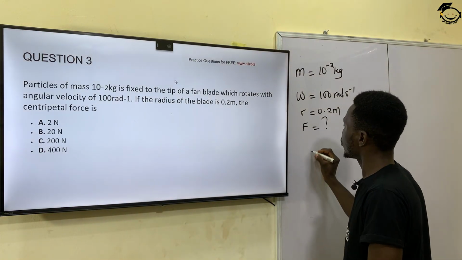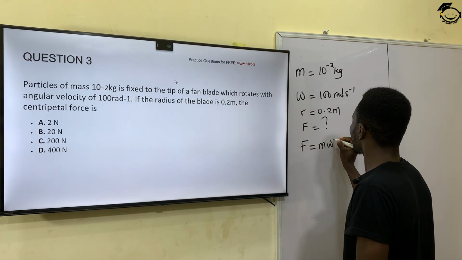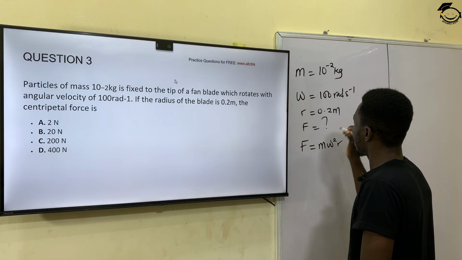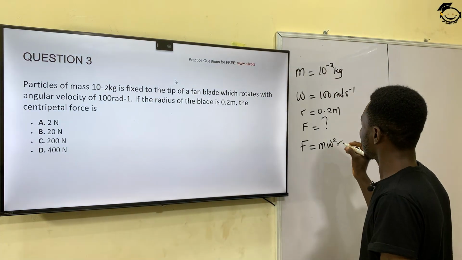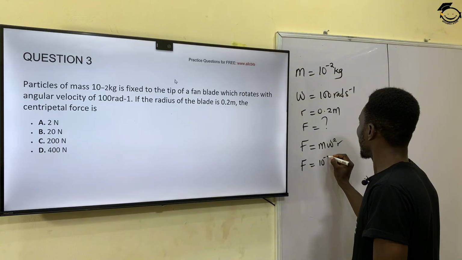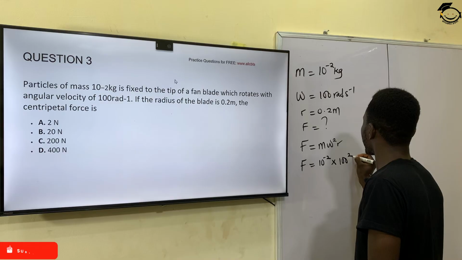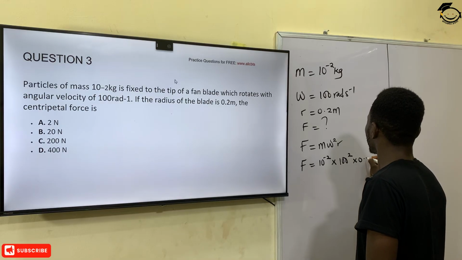We do not know, and we know that centripetal force is given as m omega square r. So my centripetal force is equal to 10 raised to the power minus 2 times 100 squared times 0.2.